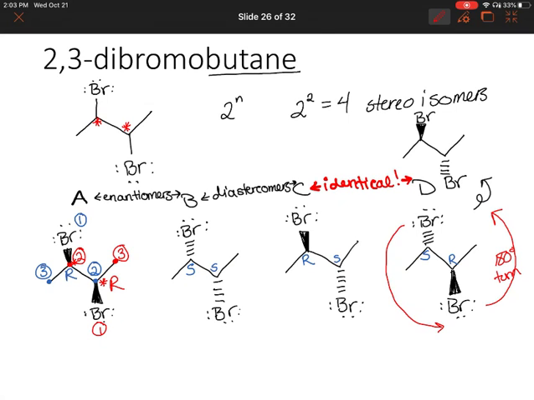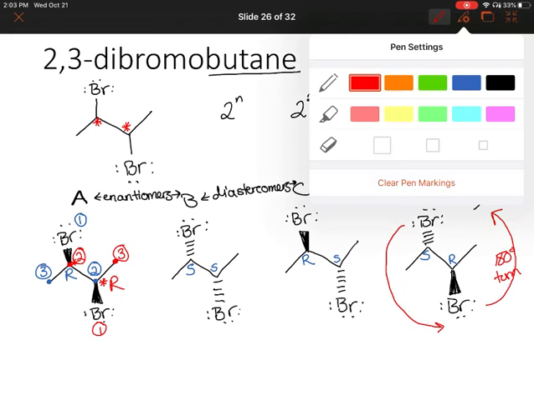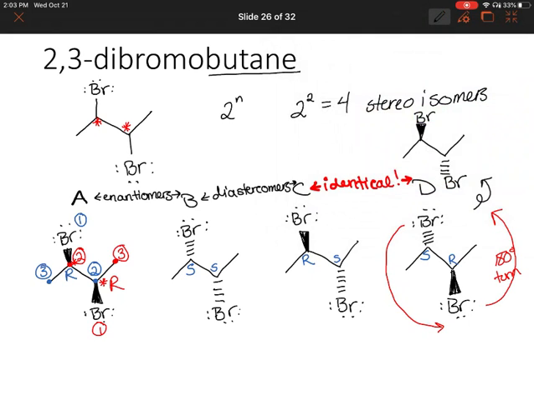Now, one way you can also test for this is looking for a plane of symmetry. So what would happen if we rotated our first molecule A, but let's say we just rotate one of the bromines up. So let's say we rotate it like this.